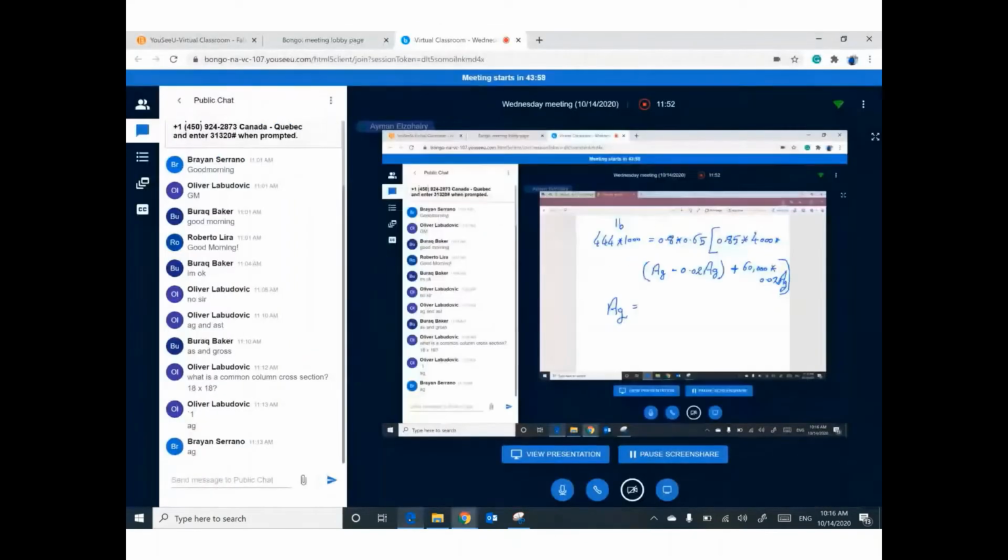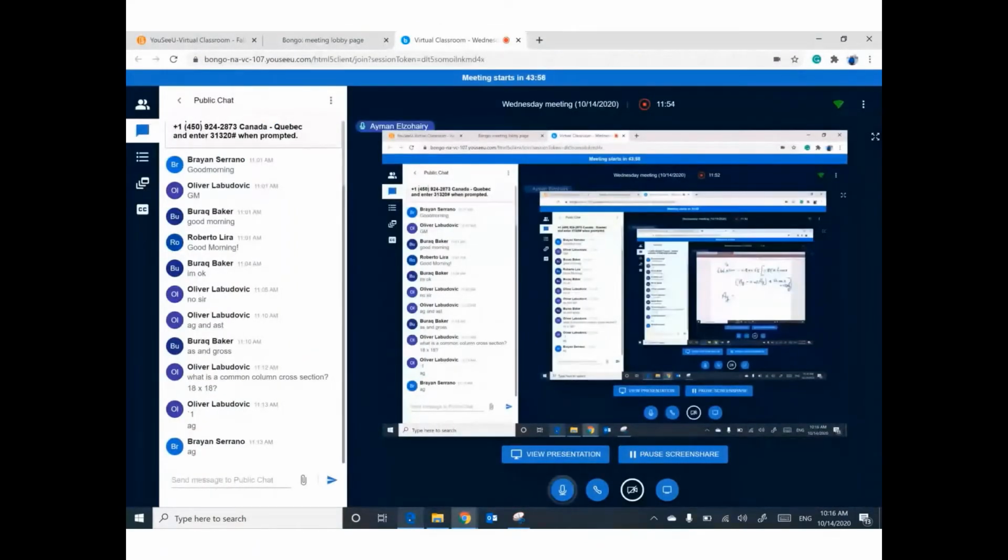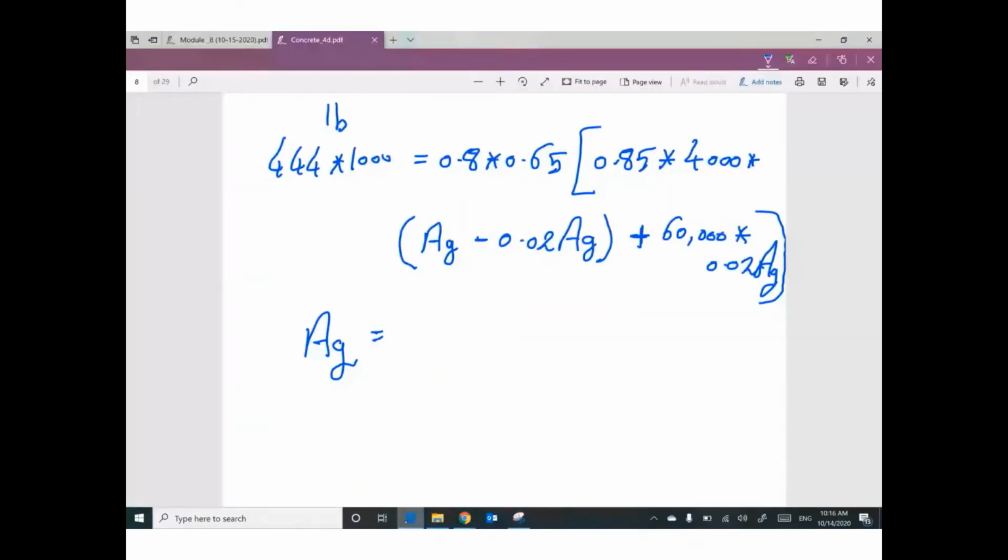So, Oliver, what's the common column cross section? Okay, just let me finish it and I will answer your question. I will do my calculation, and be careful. Everything inside this big bracket is multiplied by this value.